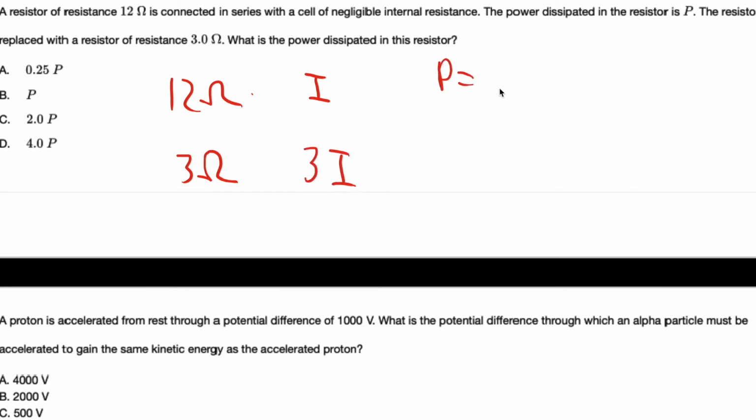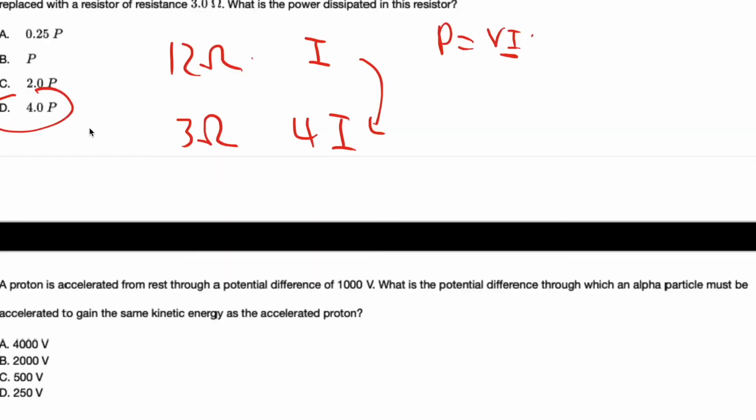Power is equal to voltage times current. Because they are all connected to a cell, the voltage remains constant. So if current is multiplied by 4, then power will also be multiplied by 4. So the answer will be D.